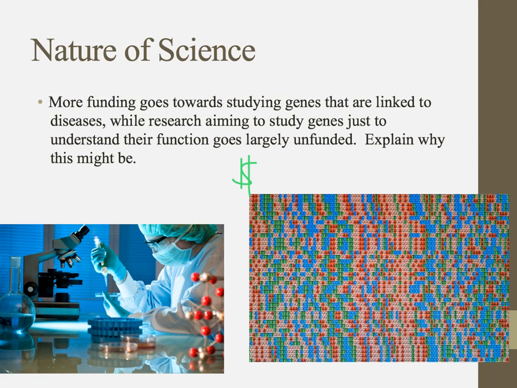So if you find a gene that happens to control a genetic disease, you can make money off of then finding cures or more information about that disease. But if, let's say, you find a gene that just controls how a certain protein in a cell is made, wow, that's really nice to know, it doesn't have any money-making capability. And so funding for that largely is just forgotten about.